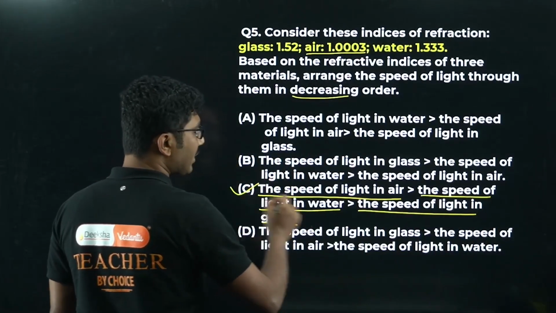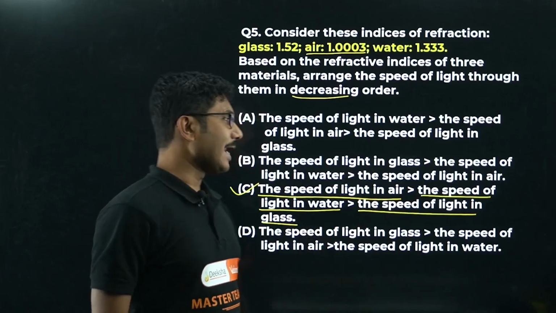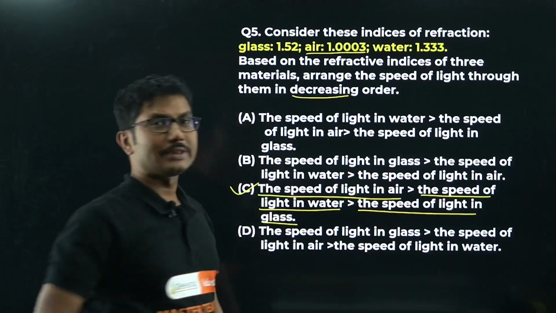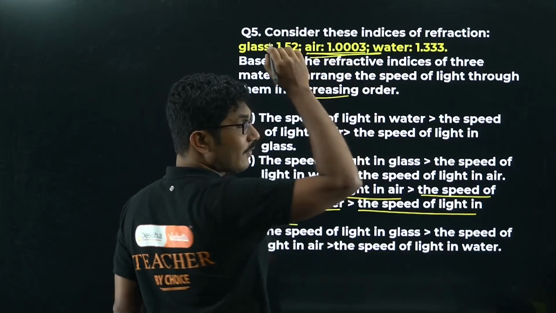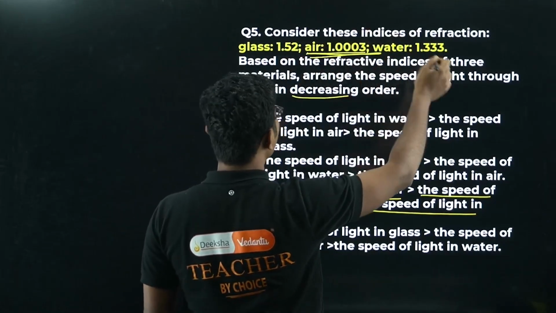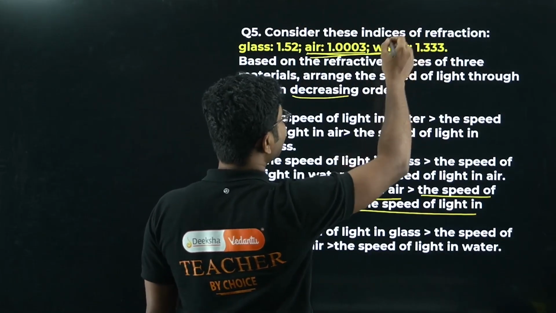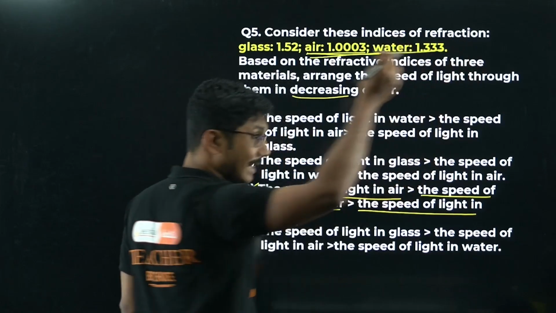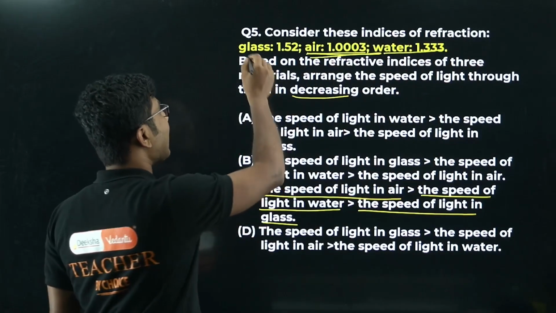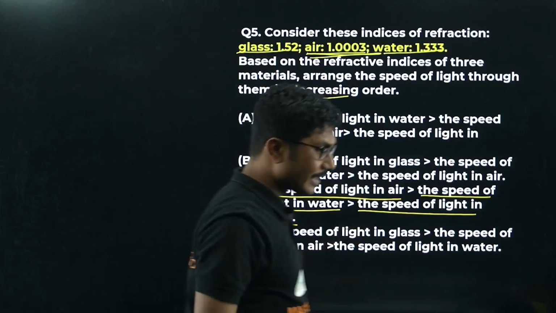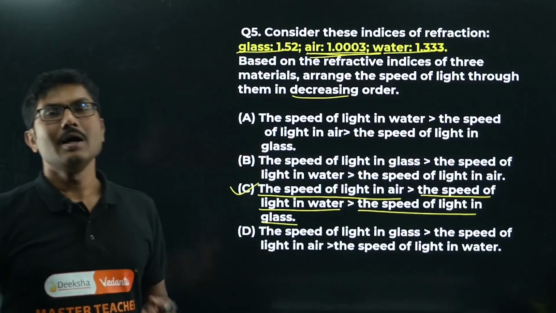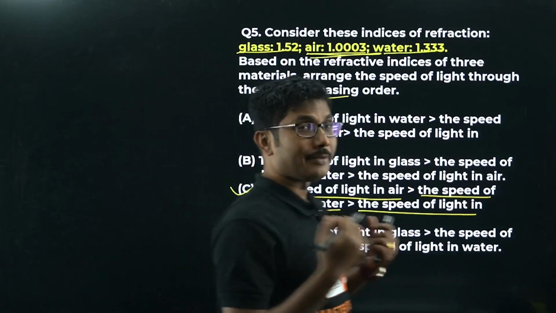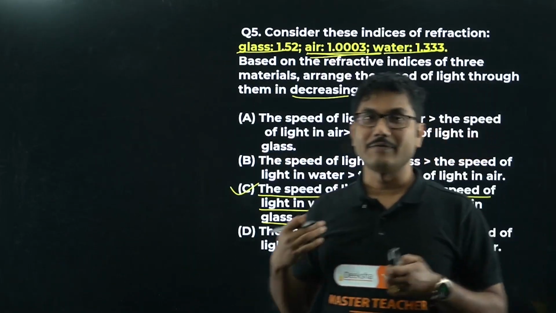So the first option is correct, it is the only one, and if you check the other two cases also, this is perfectly fitting. So air will have the highest speed of light, water is between glass and air, so it will have the second highest speed, and glass having the highest refractive index will have the lowest speed. Okay, higher the speed of light in a medium, lower is its refractive index.